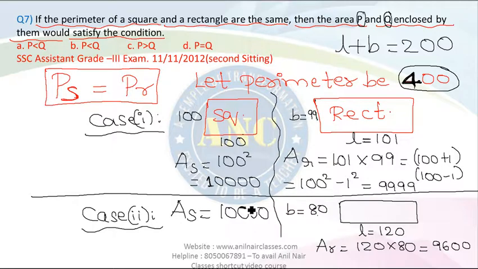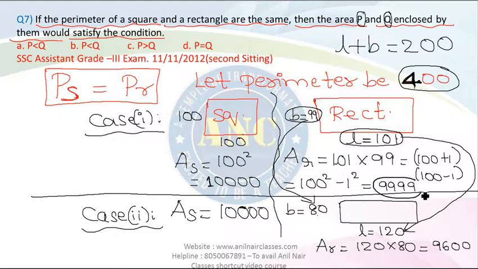That means earlier my length was 101 and my breadth was 99. Now length kept on increasing, and because length kept on increasing, breadth will keep decreasing. You increase length by some unit and decrease breadth by the same unit, the area will also keep decreasing for a rectangle.